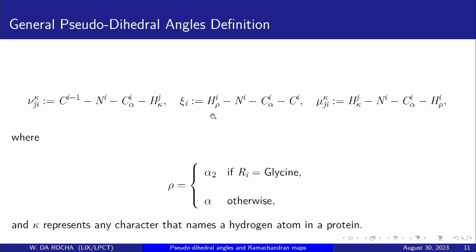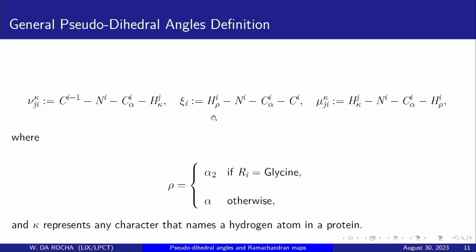But instead of N or delta, I'm considering a kappa, because it can represent any character that names a hydrogen in a protein. And for the alpha case, I'm considering alpha 2, and the alpha as the Greek letter Rho.